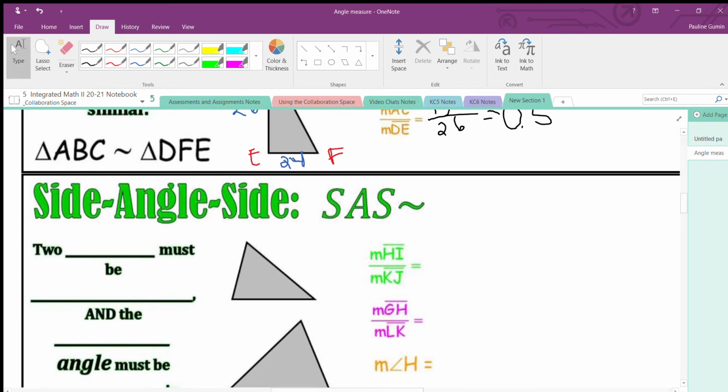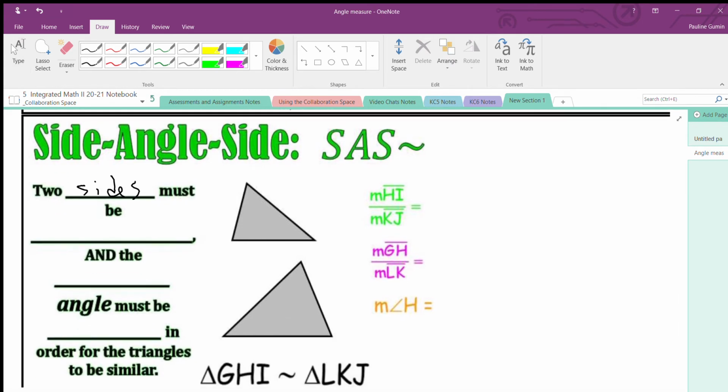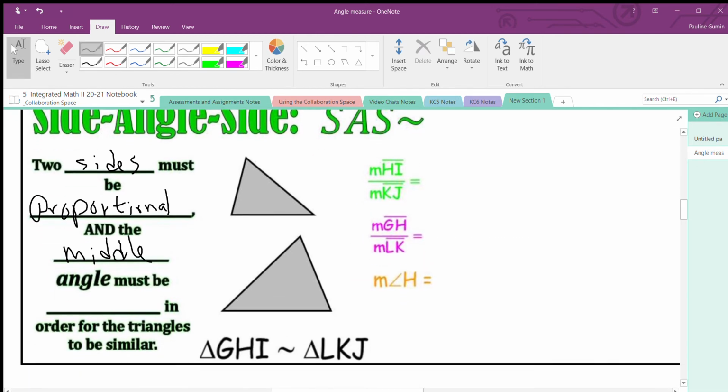Okay, this is a tricky one. The side-angle-side. This is the one I see the most mistakes on. 2 sides must be proportional, and the middle angle must be congruent.